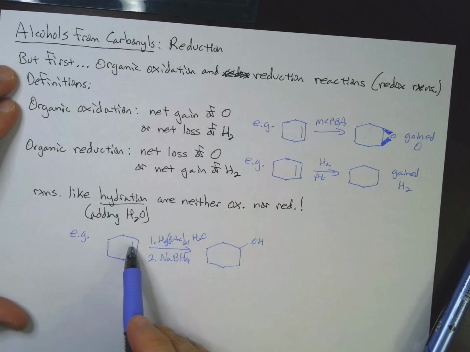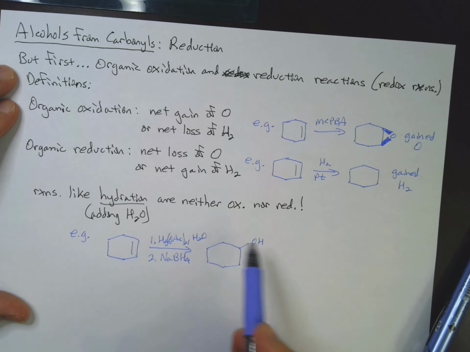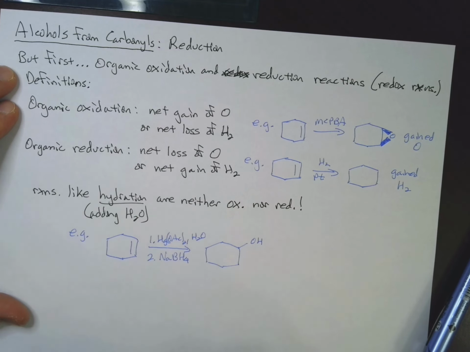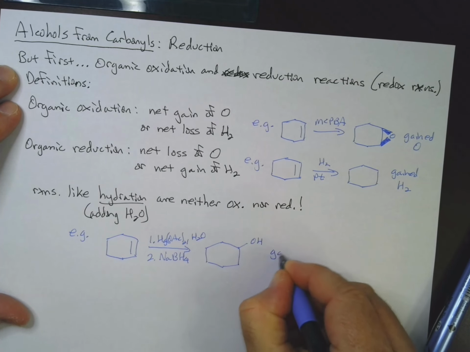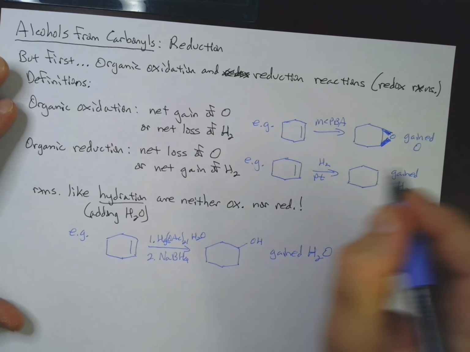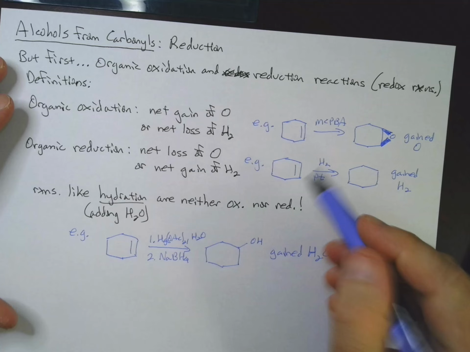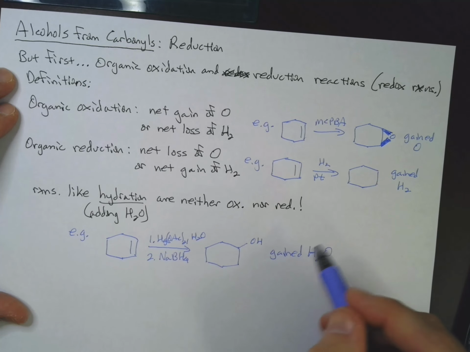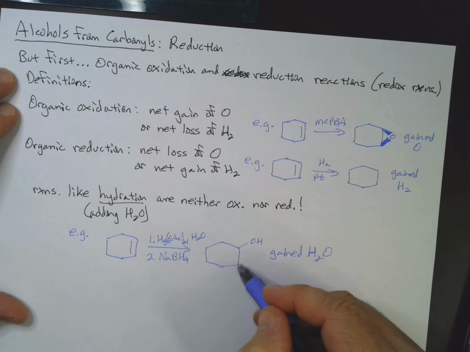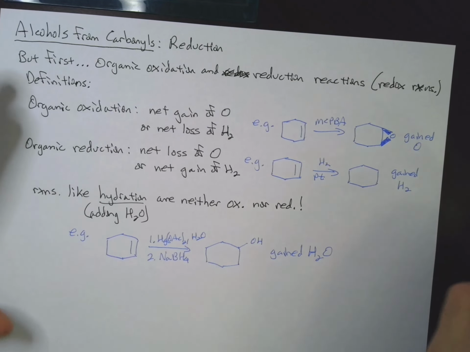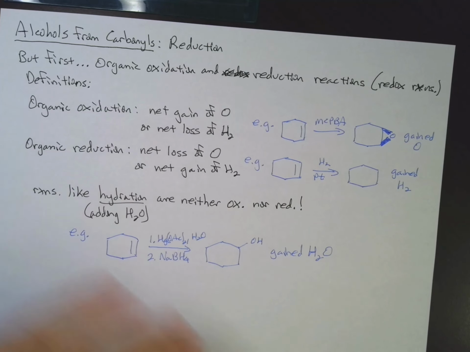Now, what have I done? I've gone from C6H10 to C6H12O. So I've added H2O, so those offset. Technically speaking, I've oxidized this carbon because I've added a carbon-oxygen bond to it, but I've reduced this carbon because I've added a carbon-hydrogen bond to it. So this is just something to look out for.